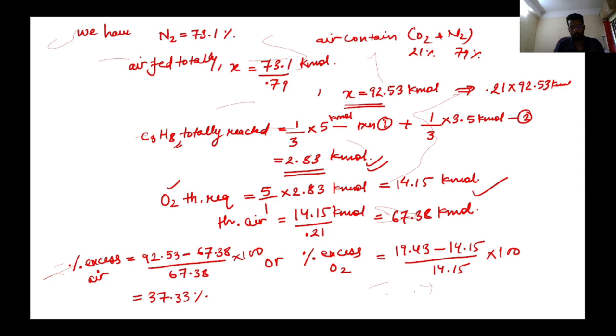And here, let us check whether we are doing right or not. 19.43 minus 14.15 divided by 14.15 gives 37.3%. Right? 37.3%. Okay, so this is the concept of percentage excess required.